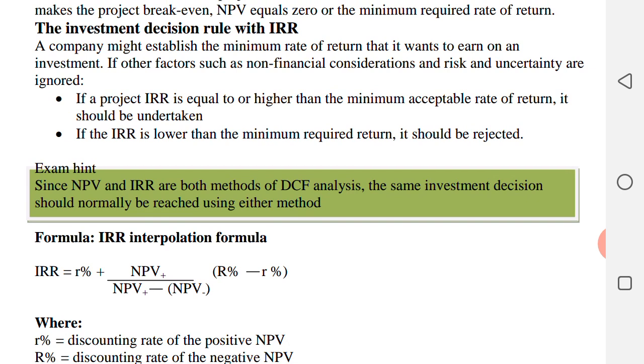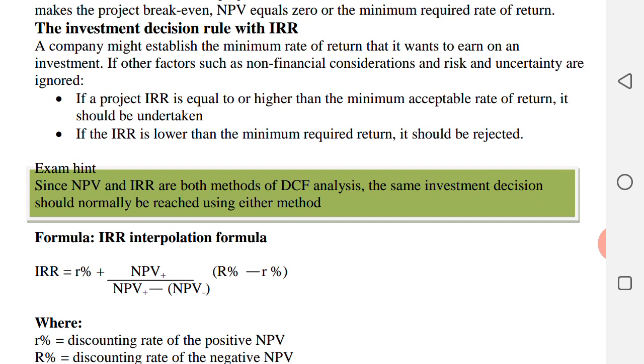Okay, after you look at a project, you are told that this project will give us a 20% return. The interest you will get for the project is 20%. By the time you calculate your IRR, you find out that the IRR of that project is 15%.